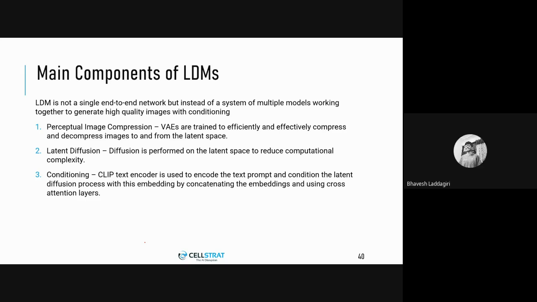So LDMs is basically not a single end-to-end network that is doing everything. It's basically a collection of multiple models. So we have three different main components at work here. One is the image compression. As I told you, we're operating at the latent space, right? So we are taking a big image.